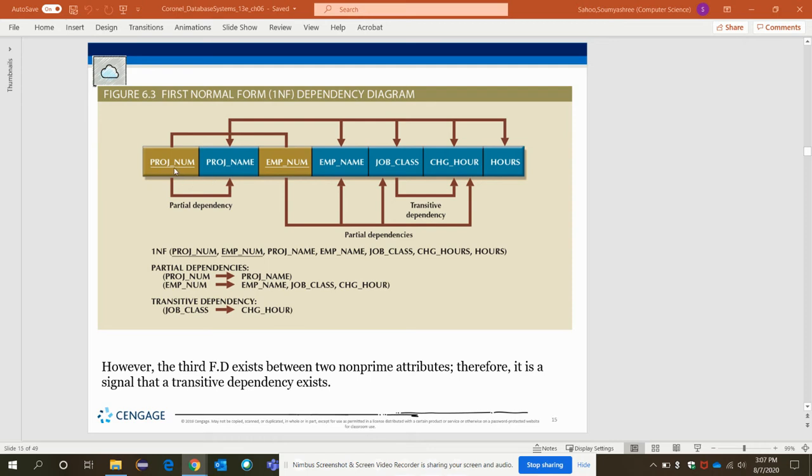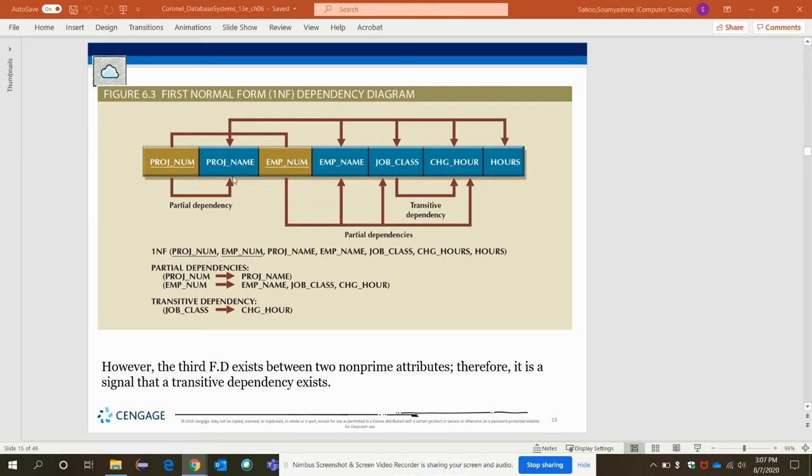So the first functional dependency is project num and emp num together. The primary keys are highlighted with the dark yellow color, and you need to decide together how they are determining all the other attributes.